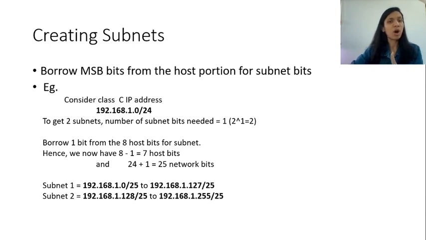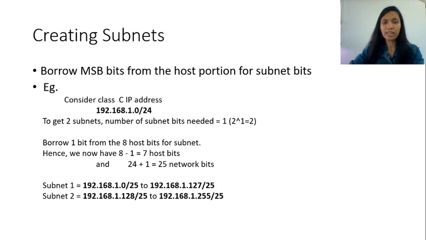This is what you are going to borrow from the host portion, and the host portion will have one less, that is, it will have 7 number of host bits remaining. So that is going to give you 2 subnets and 2 raised to 7 number of host IP addresses.